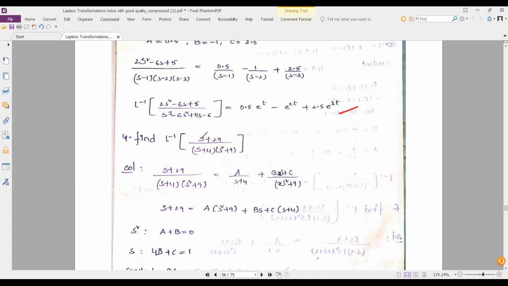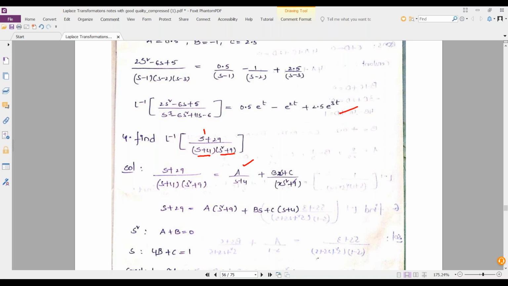Similarly, yes, the numerator degree is 1 and the denominator degree is 3. So once again, this is a proper fraction, and linear can be separated as linear. It's not necessary, because it is a standard form directly. With s square plus 1 and s square plus 9, either cos or sine may be possible. So this one we expressed here as A by s plus 4, since Bs plus C, because I'm not interested here in splitting the denominator into partial fractions.